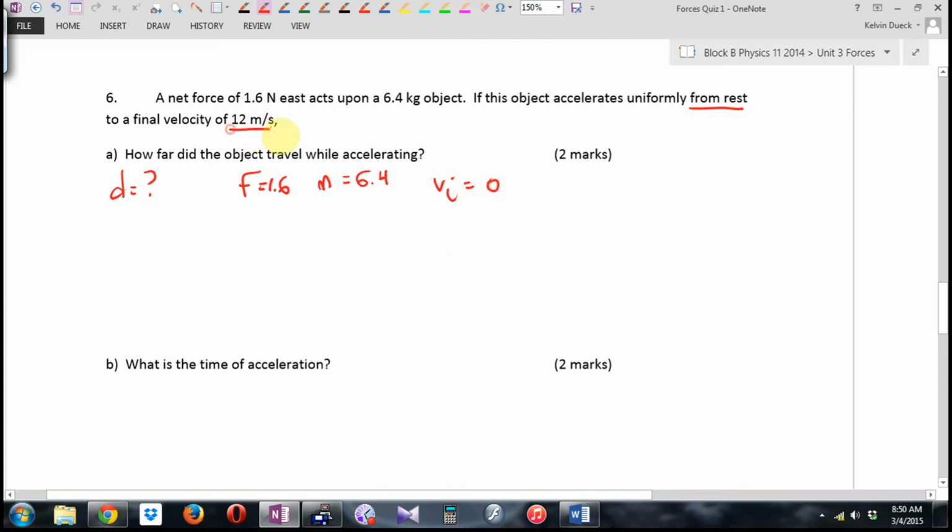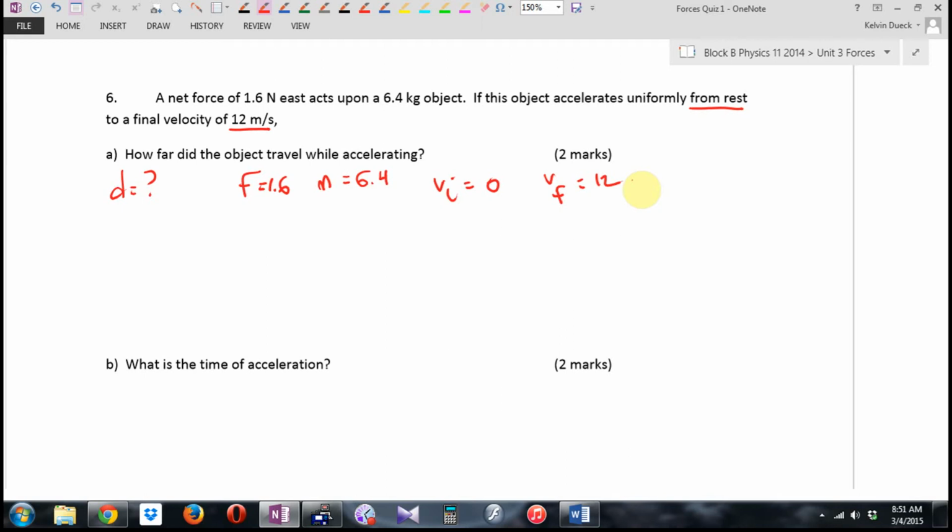And what's that? VF is 12. Can anybody see? I need to do one more. Oh, by the way, Thomas, how many marks is this worth? I bet you it's a two-step. I bet you I have to use something to find something. That's not good physics, that's just good test writing.